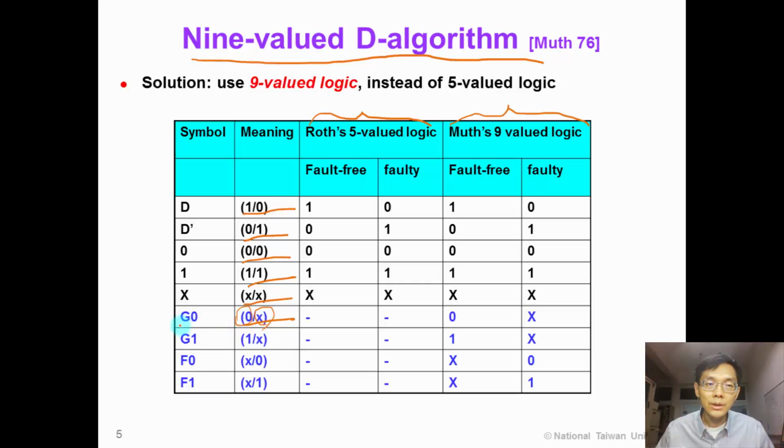We can use the symbol G0 to show this case. And we can also express 1X, X0, and X1. By using Muth's 9-value logic, we can express all the possible logic combinations for sequential ATPG.